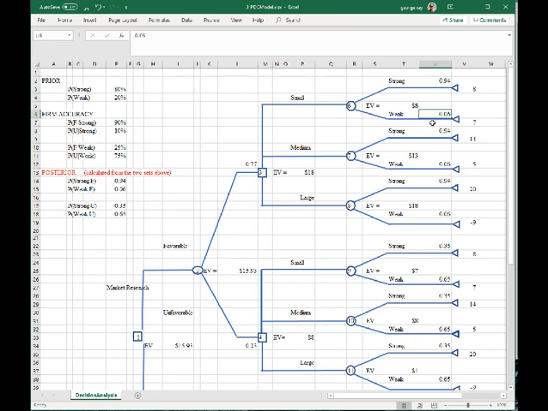So we need two things to calculate those: the prior estimations of strong and weak demand, and then we need the probability of a favorable report given that strong demand did occur, and likewise the probability of an unfavorable report given that strong demand did occur, and then the same with weak demand. Well, this is historic information.